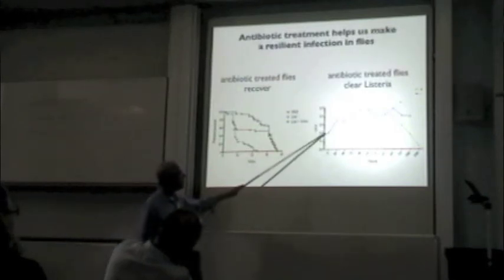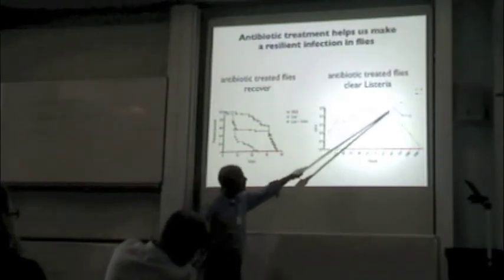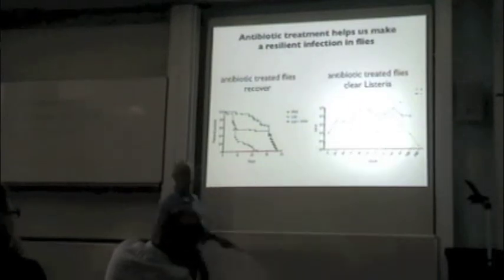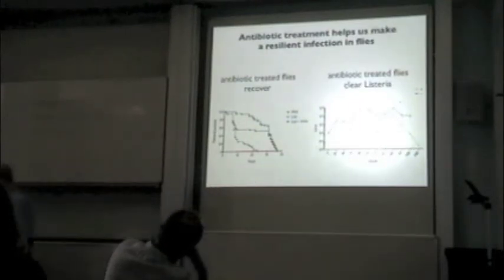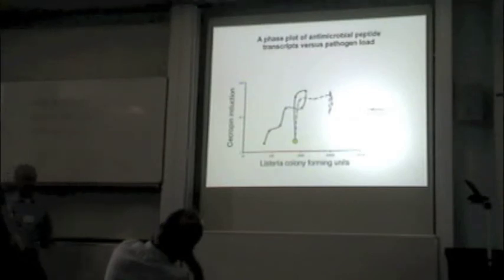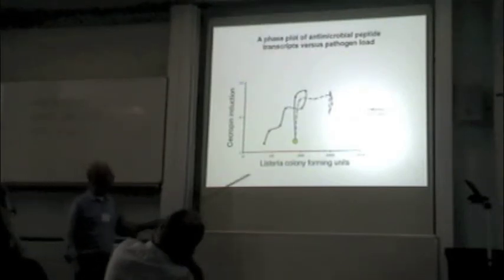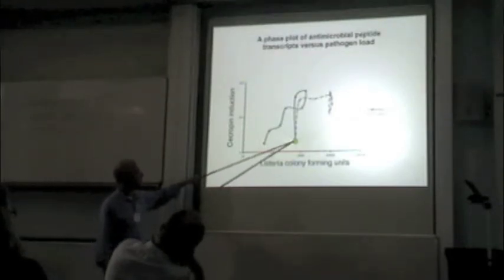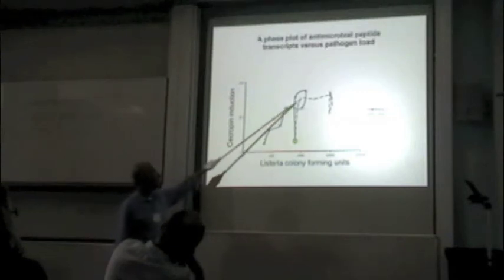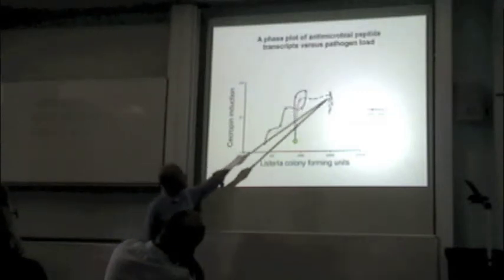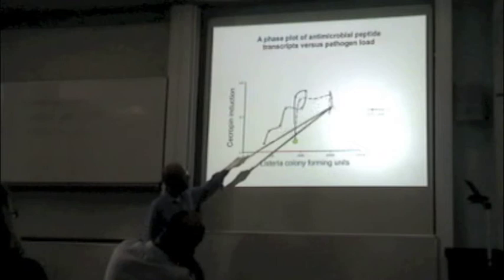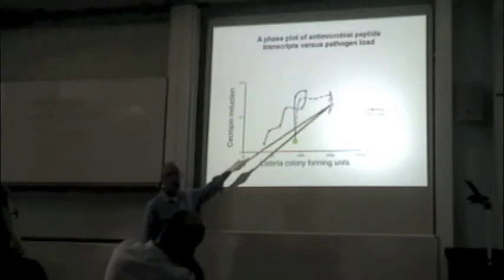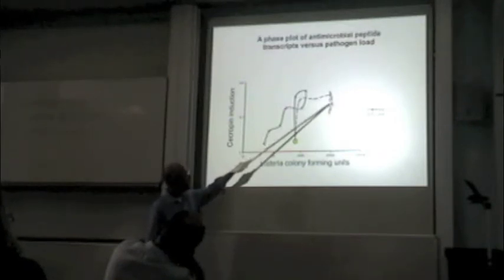We can show that the antibiotic treatment causes the bacteria to be cleared from the flies, so we can get things back to normal. And we started looking at phase curves. This is a little trivial one. It's looking at antimicrobial peptide expression. You take the fly, you infect it, you get a lot of bacteria, and then you end up with sort of a constant level of antimicrobial peptide when the fly is sick.